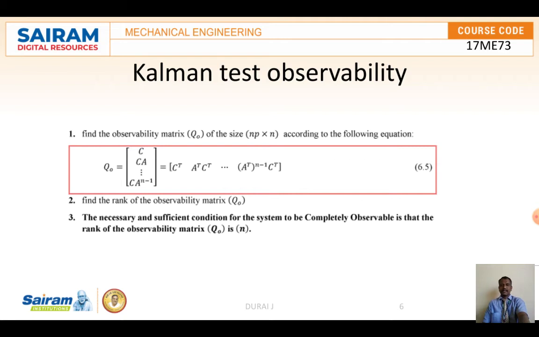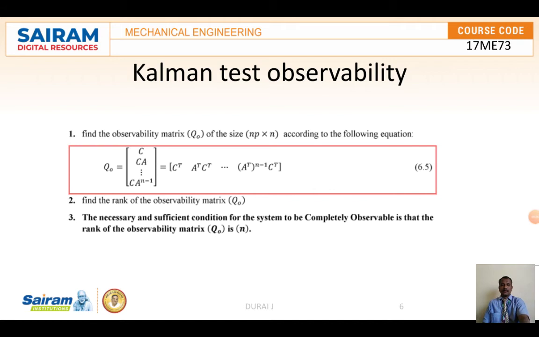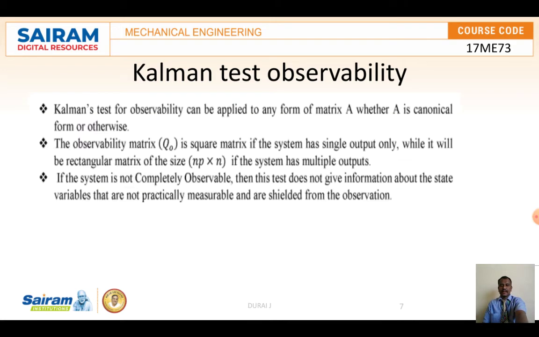The necessary and sufficient condition for the system to be completely observable is that the rank of the observability matrix Q0 is n.